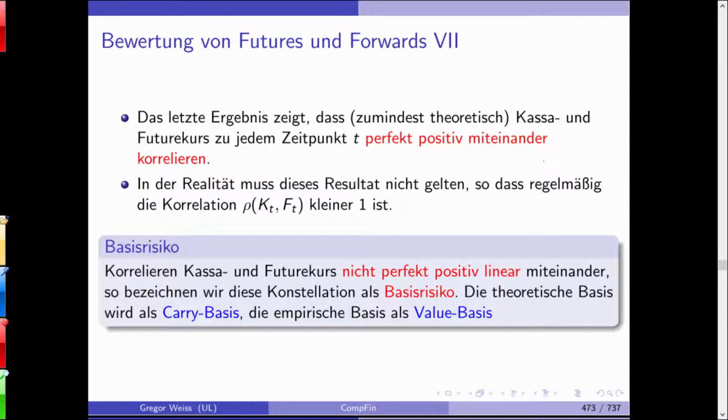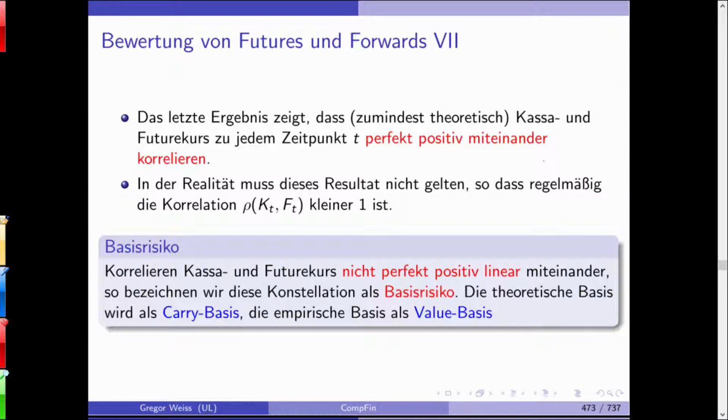So at least theoretically, there is a perfect linear correlation between the future and the spot price. And in reality, unfortunately, this is not the case. In reality, the correlation will be less than 1. And this is what we call a basis risk. So if spot and future price are not perfectly, positively, linearly correlated, this is what we call a basis risk.